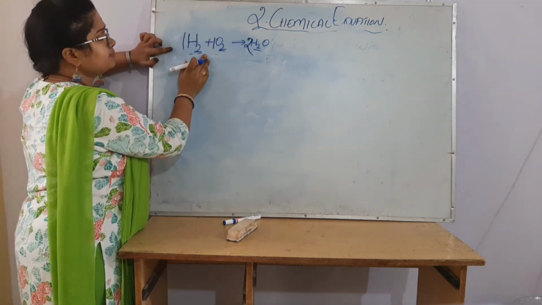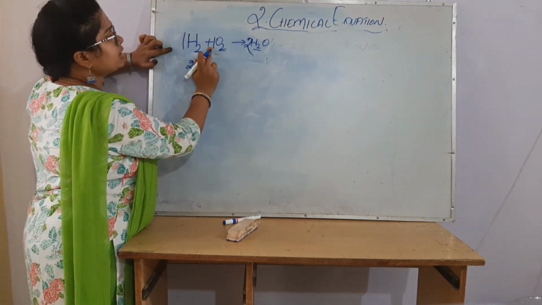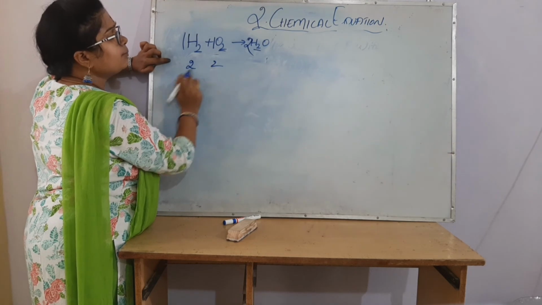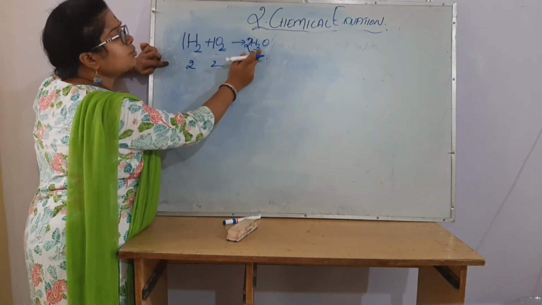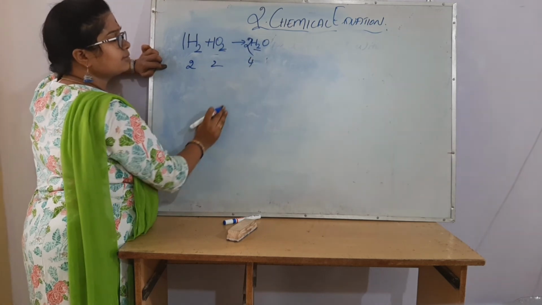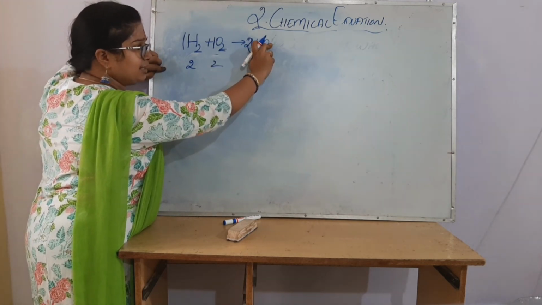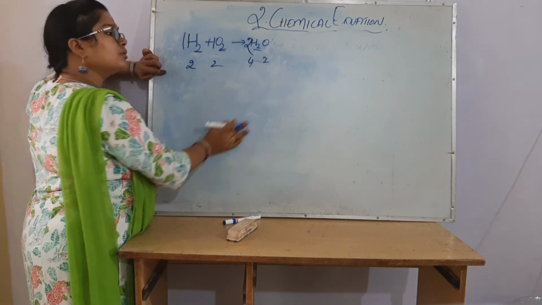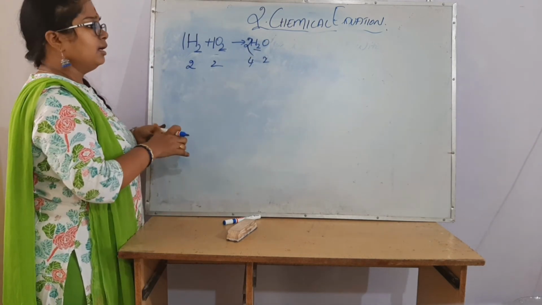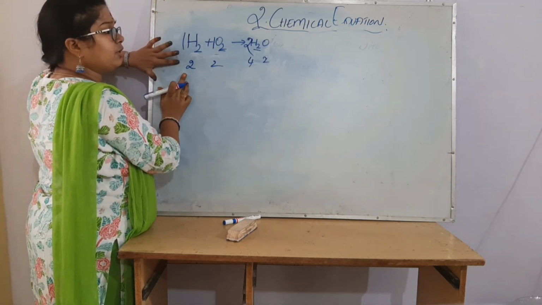So now check again. Hydrogen 2, done. Oxygen 1 into 2, done. But here 2 into 2, 4. Again here 2 into 1, subscript is nothing, means 1, 2. Done. It's good. But again, in the case of hydrogen, we got a problem.